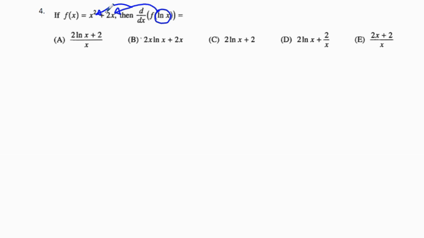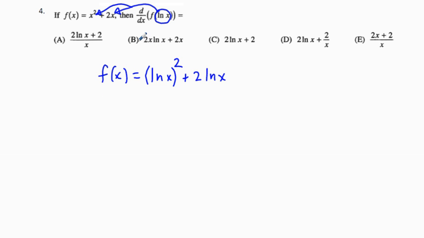So we plug it in for x in both places. So we're going to end up with f of x is equal to ln x, but we're going to square that, and it's going to be plus 2 ln x. So we just replaced x with ln x.